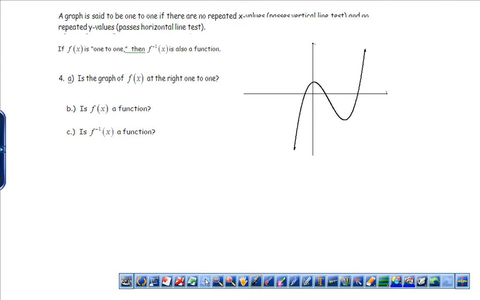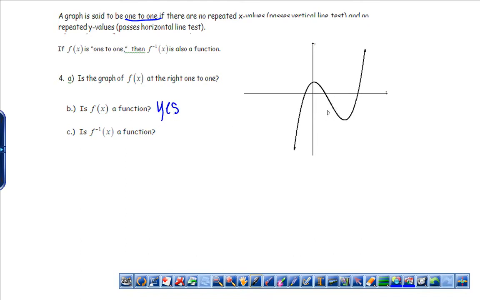Okay? A graph is said to be 1 to 1 if there are no repeated x values, passing the vertical line test, and no repeated y values if they pass the horizontal line test. Okay, so let's look down here. Is this a function first of all? And I would say yes.